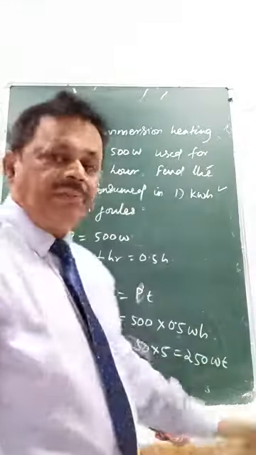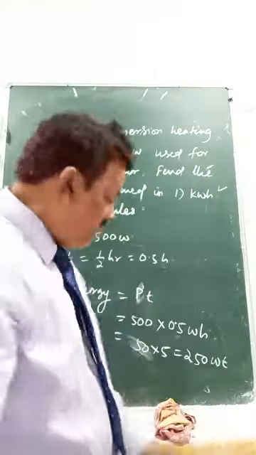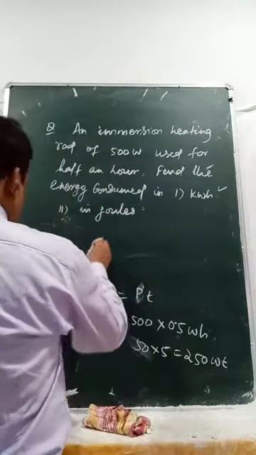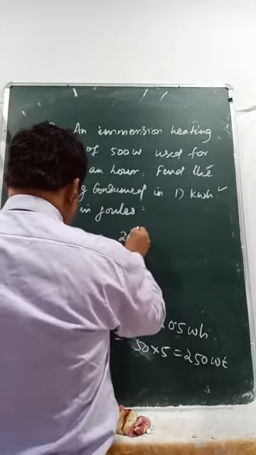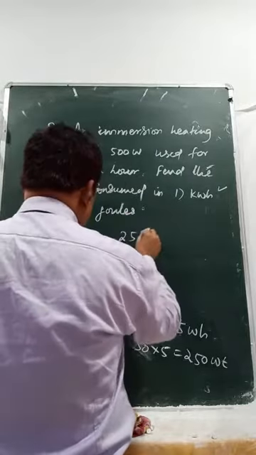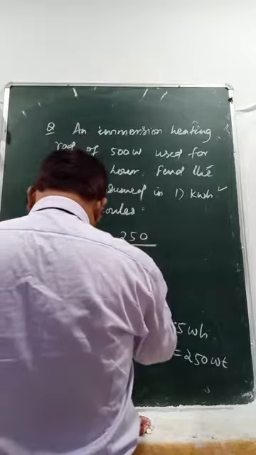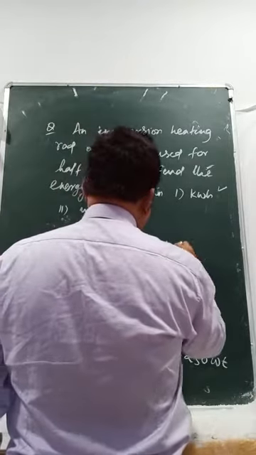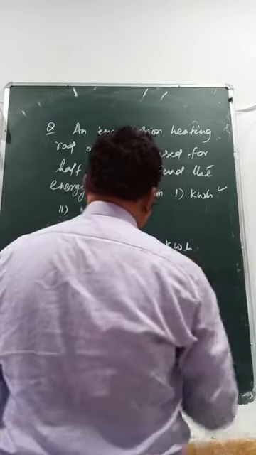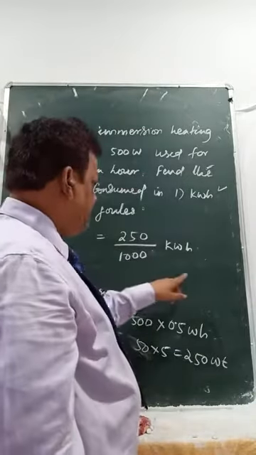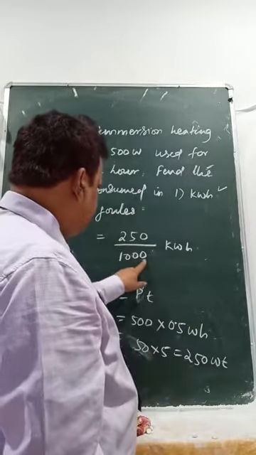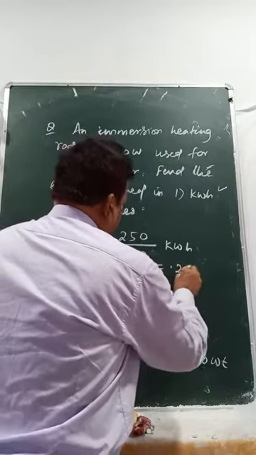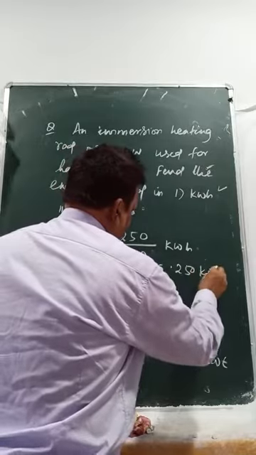The watt will be converted to kilowatt, divided by 1000. So it is 250 by 1000 kilowatt hour. The best method is to write in decimal, leave 3 digits. 0.250 kilowatt hour.